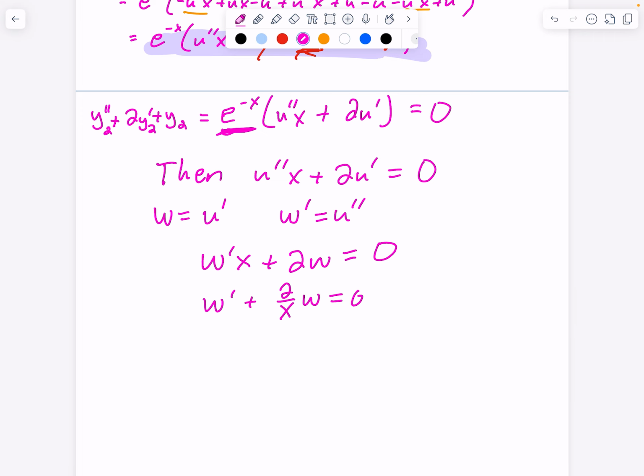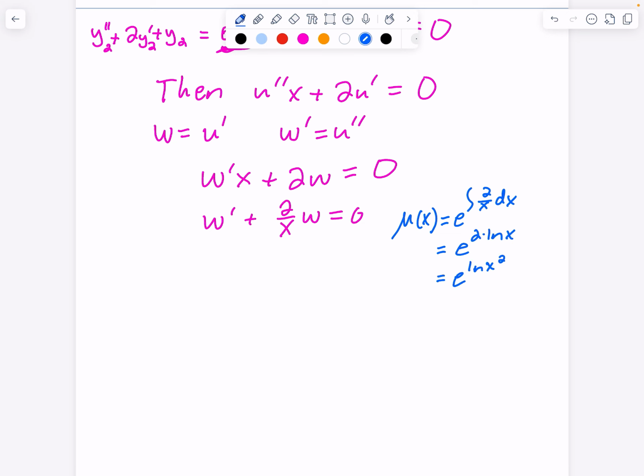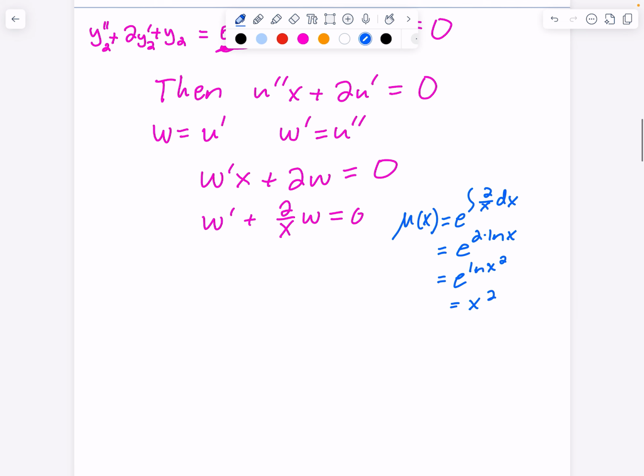So what that means is I'm going to find a mu. Mu of x is equal to e to the integral of 2 over x dx. Well, that's e to the 2 times ln of x, which is e to the ln of x squared, which means this is x squared.